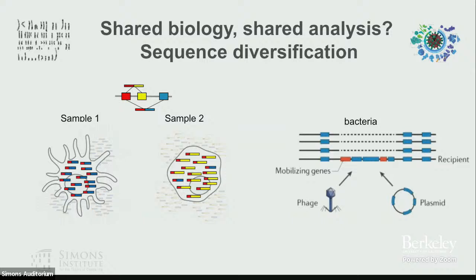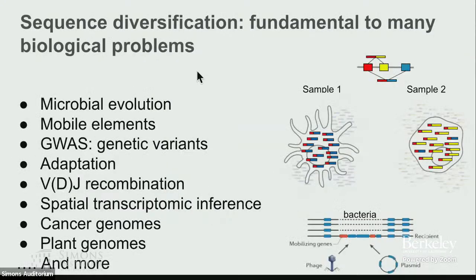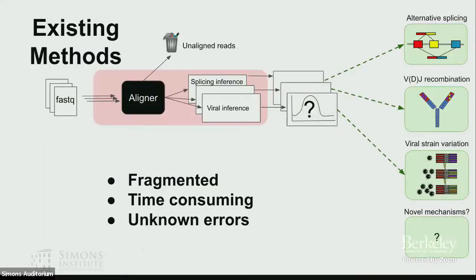So if you see a sequence here and you have the phage, the sequence near it is going to be different than the sequence without it. There are many, many examples, which I will turn to later, that fit into this probabilistic formulation, from microbial evolution to spatial genomics, cancer genomics, and more.